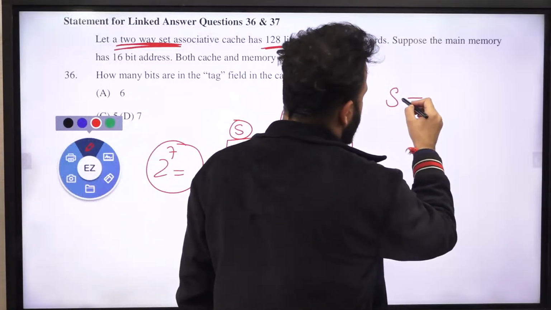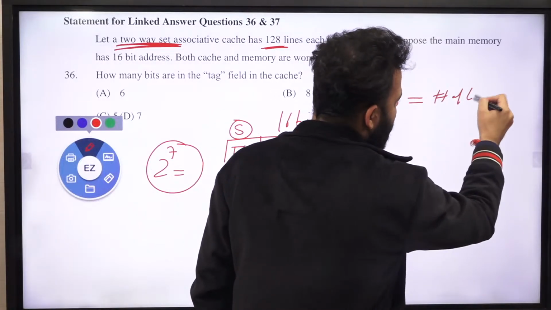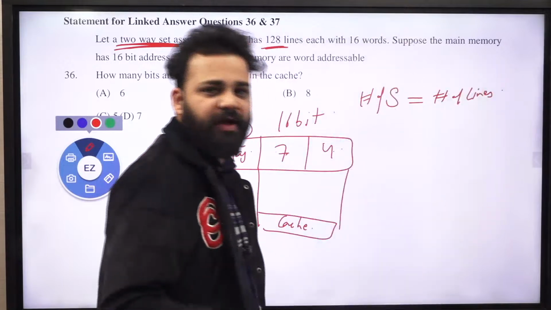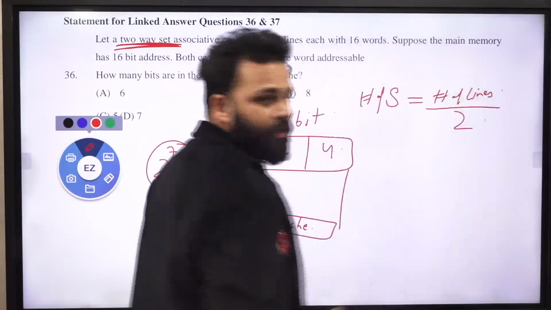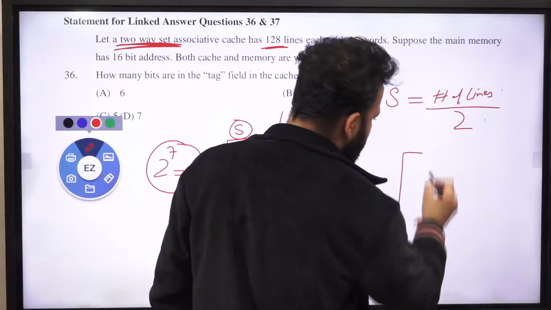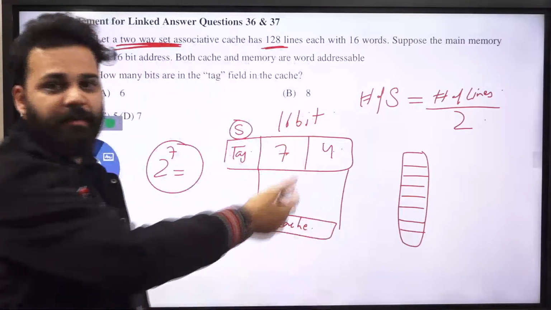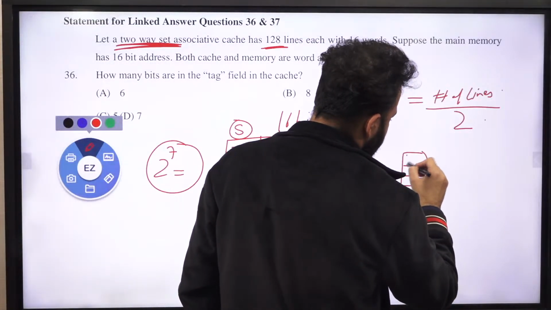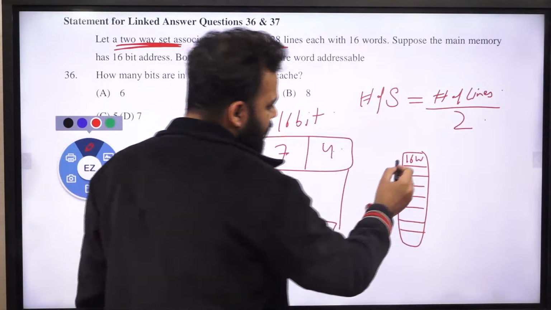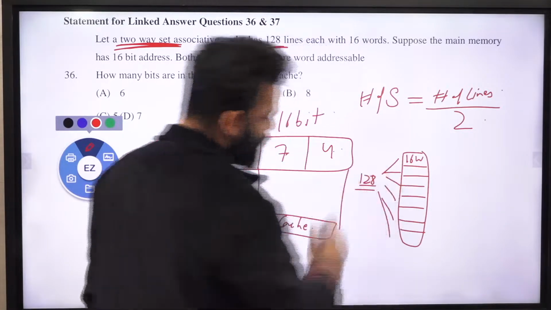Let's say the number of sets will be equal to the number of lines that we use in direct associative, and those lines will be further divided into 2 sets. Initially, this will be the cache. It will have 16 words in each line, and you will have 128 lines.